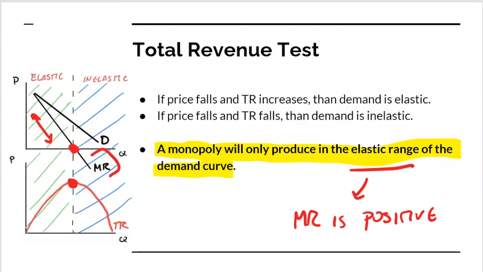They aren't going to be producing where marginal revenue is negative, because at that point, total revenue starts to decrease. So all you have to pick up from this slide is the fact that these imperfectly competitive firms and markets are always going to produce in the elastic range of the demand curve. Because if these firms produce in the inelastic range, marginal revenue is negative, total revenue decreases, and they're losing profit. They're making a loss at that point, which no firm would want to do.